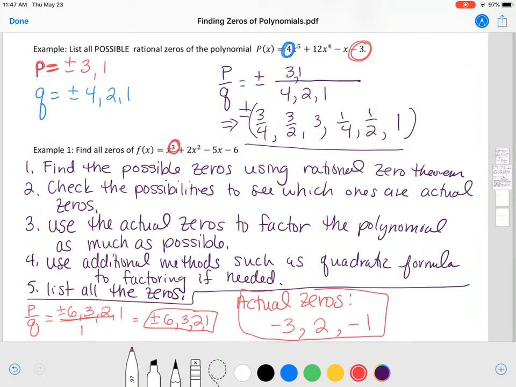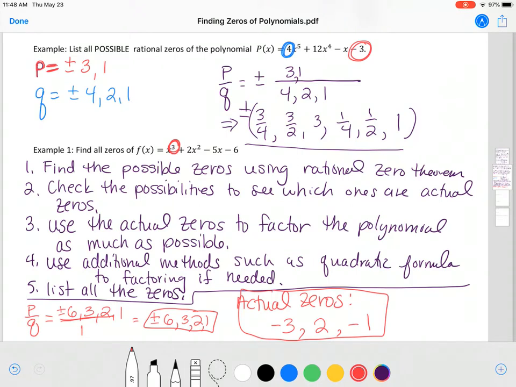So I have all of them right here. Since it's a degree 3, I know I should have 3 zeros. And the nice thing about this is that all of them are rational, so I don't have to go through steps 3 through 4. I've got them all listed right up front from the rational zero theorem.